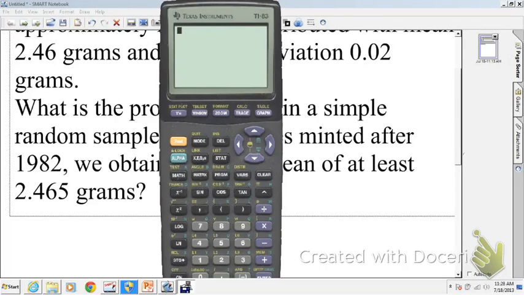So just to refresh your memory, if you're using one of these kinds of calculators, second distribution, normal CDF, enter, and then the z-score, which was 0.79, and then comma, infinity, because we're shading to the right. We'll just represent that with a bunch of 9s, and hit enter. So we have about a 21% chance of that event happening.